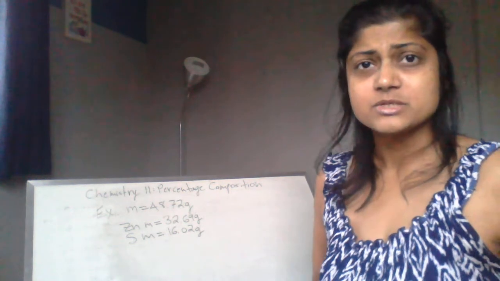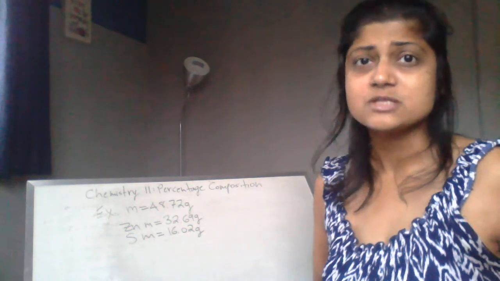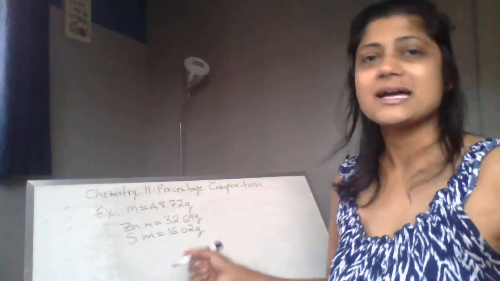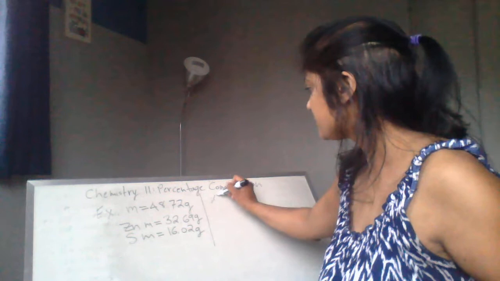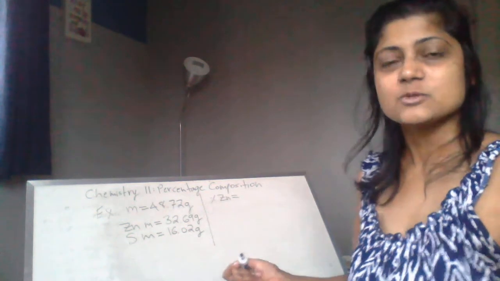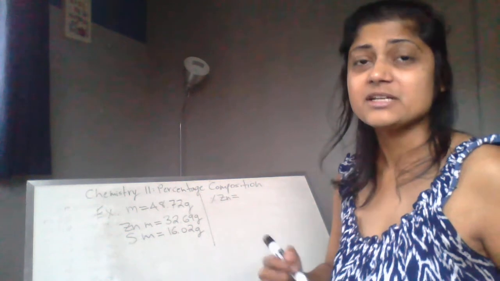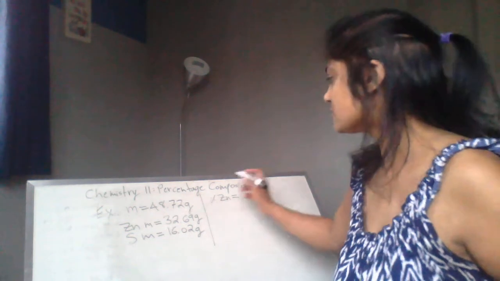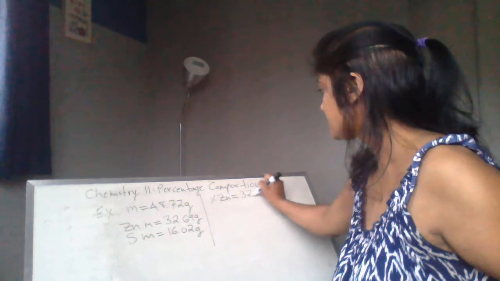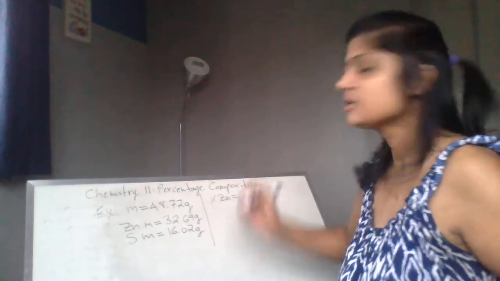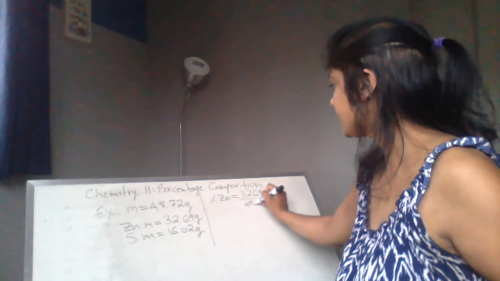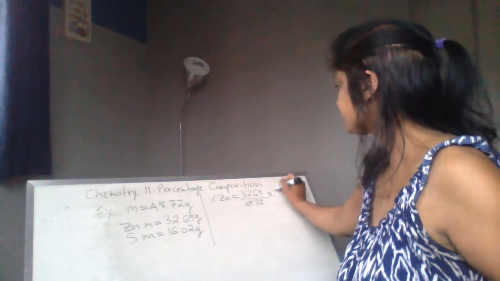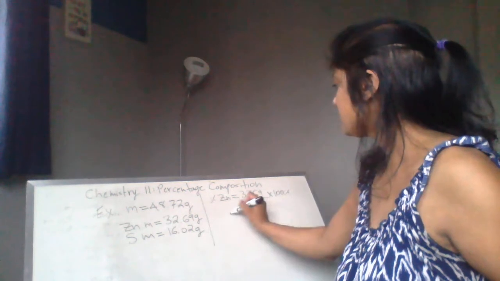So when you're doing the percentage composition of the compound, the mass is given here. So there's just a little bit of simple math. So let's try the percentage of zinc. All I'm doing is I'm going to take the mass of zinc and divide it by the total mass of the compound. So the mass of zinc is 32.69 over the total mass of the compound, 48.72 grams, times 100%.